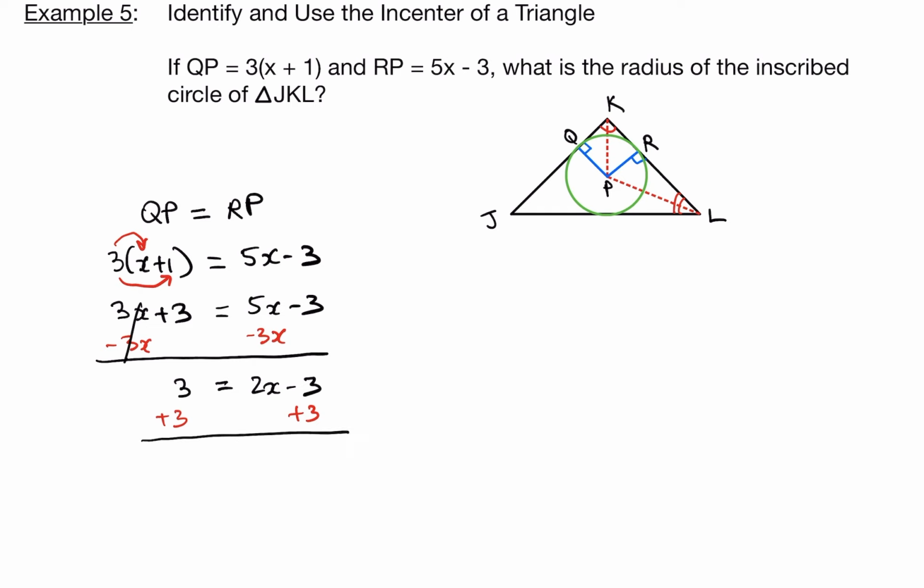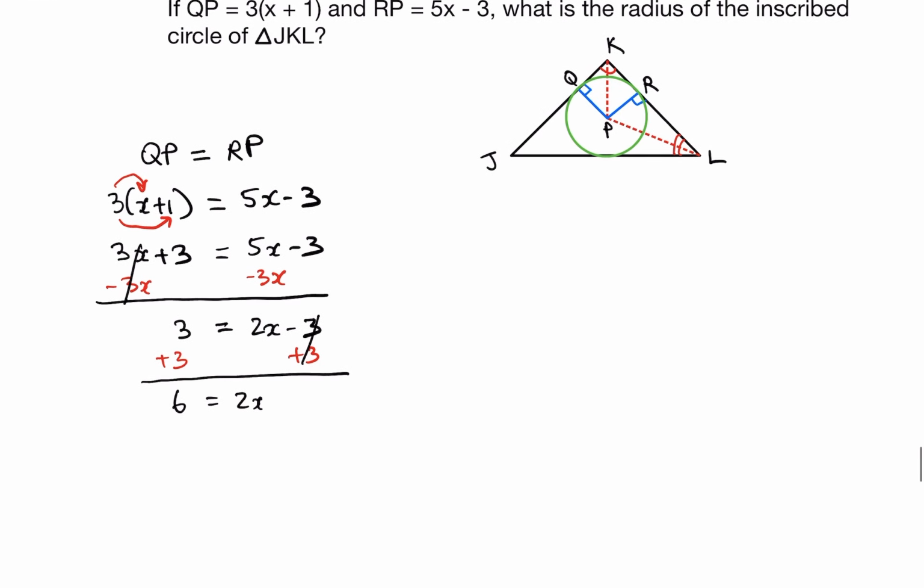And when we do, we get 6 is equal to 2x. These cancel out. Okay, and then the last step here is to isolate x. And to do that, we need to divide by 2 on both sides. Okay, and when we do, we get 6 divided by 2 is equal to 3. And so 3 is equal to x because those 2's cancel out.